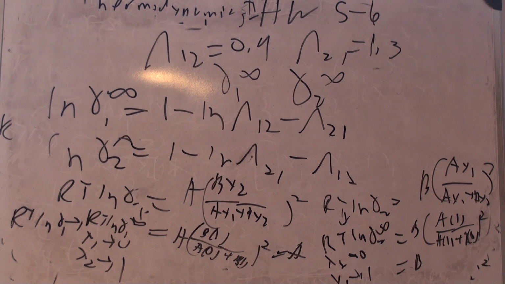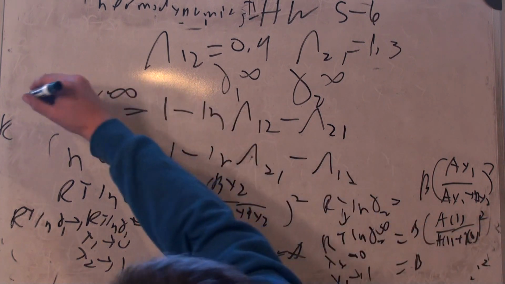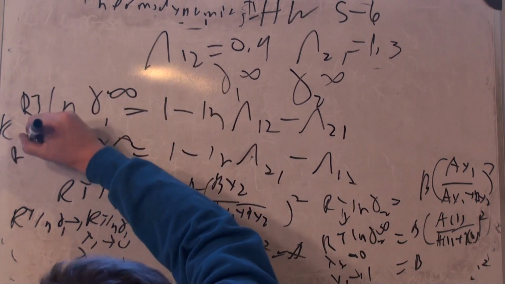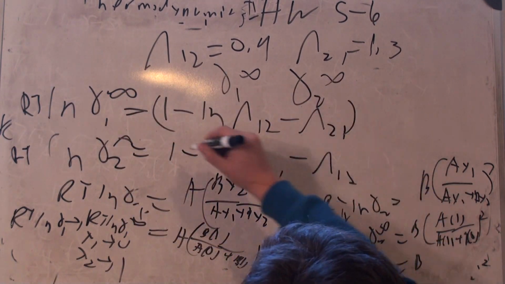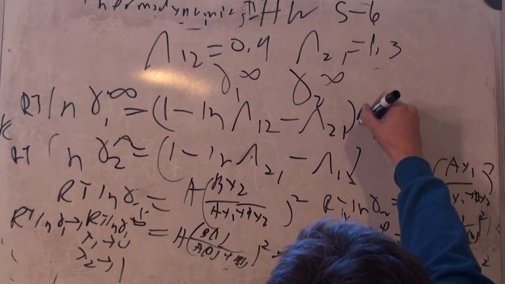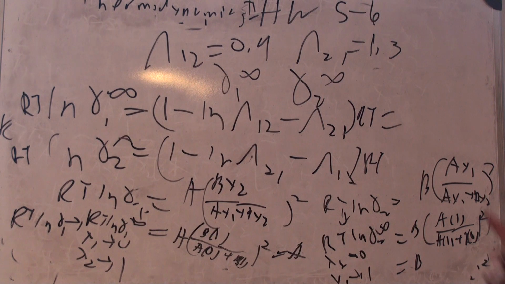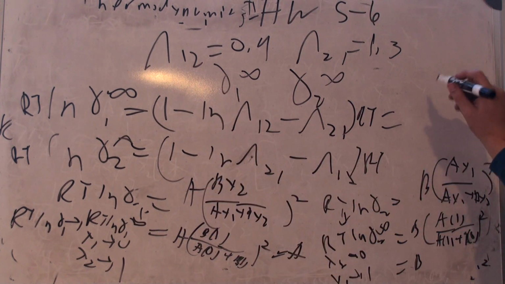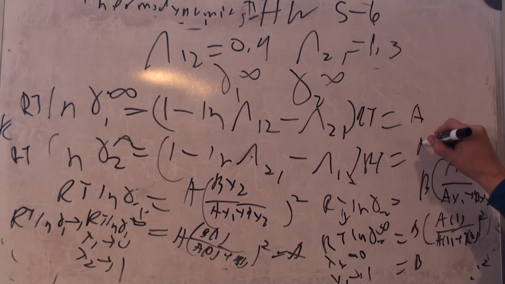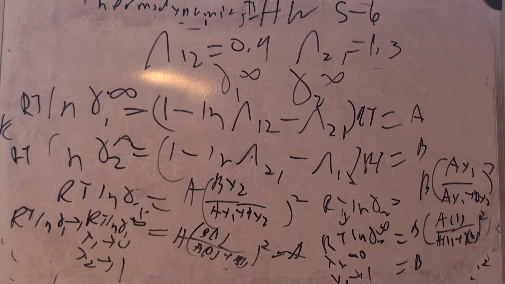So, when all is said and done, RT natural log of gamma 1 infinity is equal to A, and RT natural log of gamma 2 infinity is equal to B. Plug and chug. And that's all I need to do.